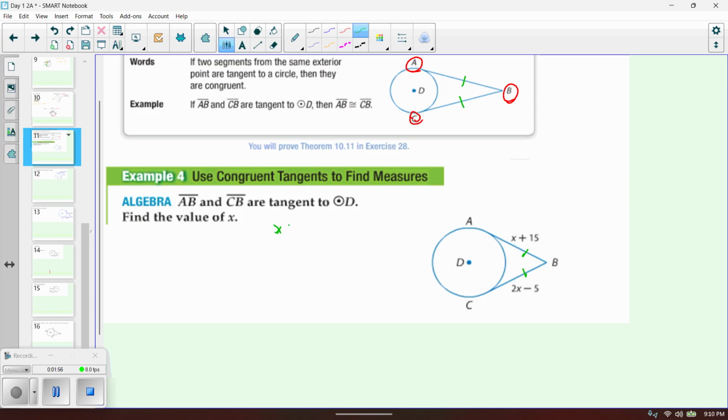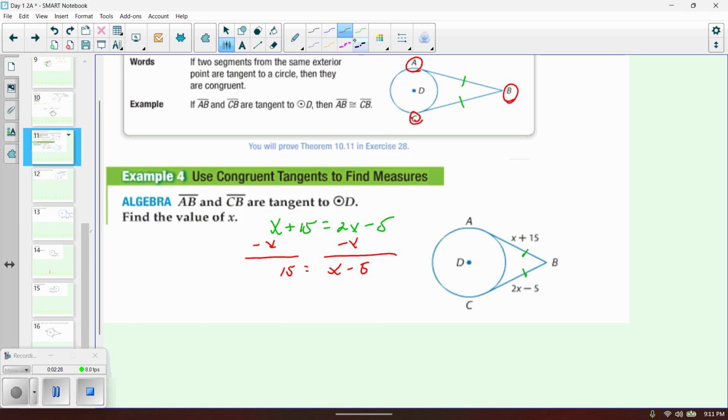X plus 15 equals 2x minus 5. Now we have an algebraic equation to solve for X. Using some of our algebra skills, we subtract X on both sides, which leaves us with 15 equals X minus 5.